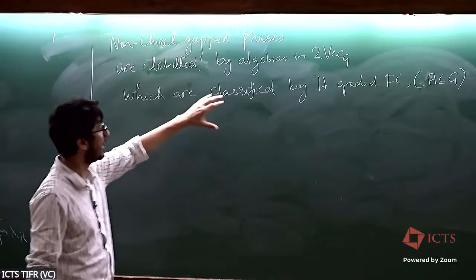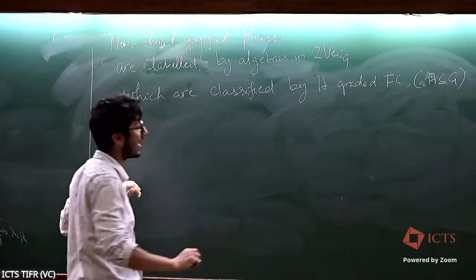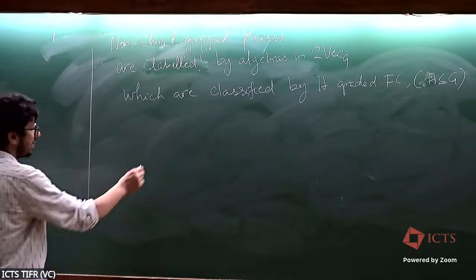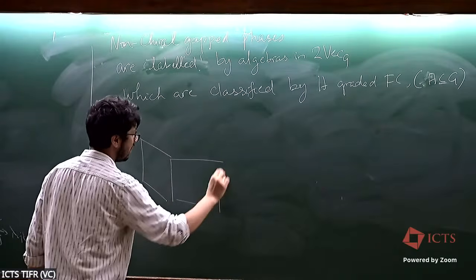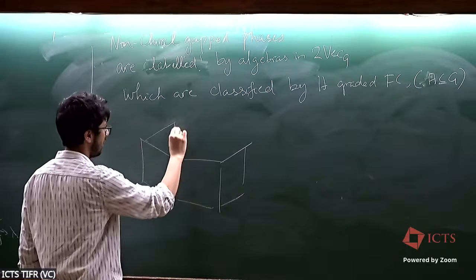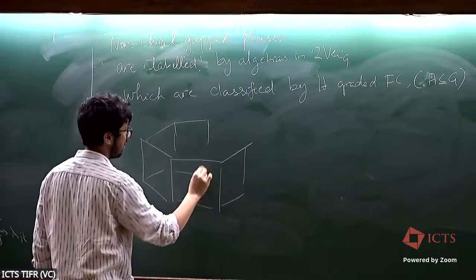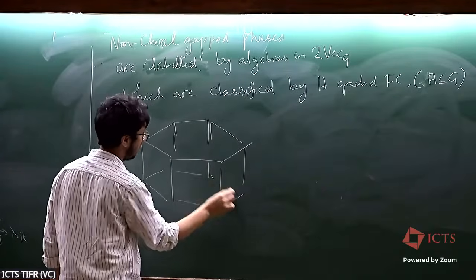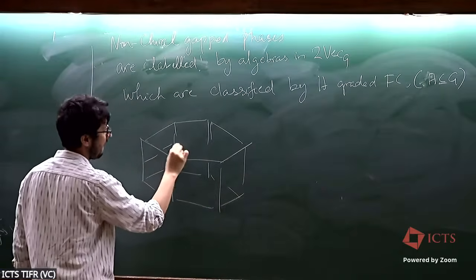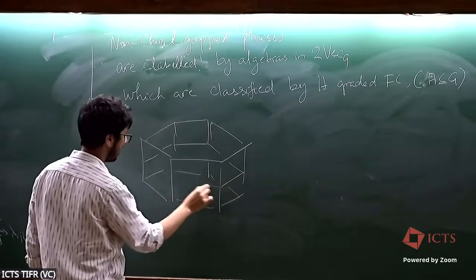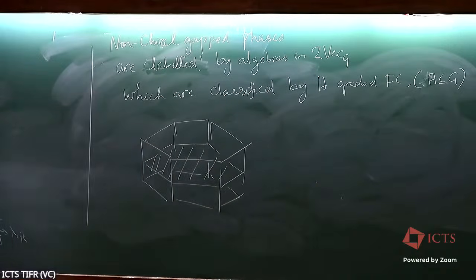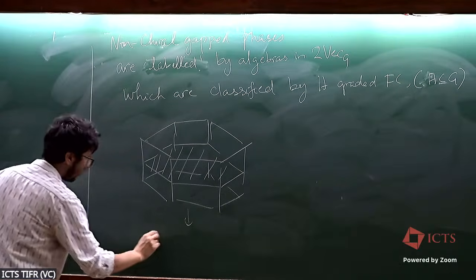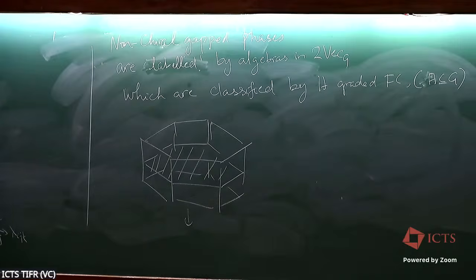So given some H-graded fusion category A, one can construct a Hamiltonian that basically looks something like this. It's the analog of this structure, and it acts on this kind of a state from above.